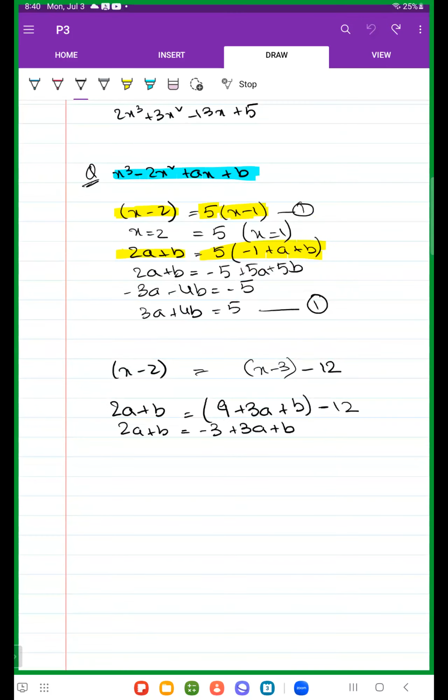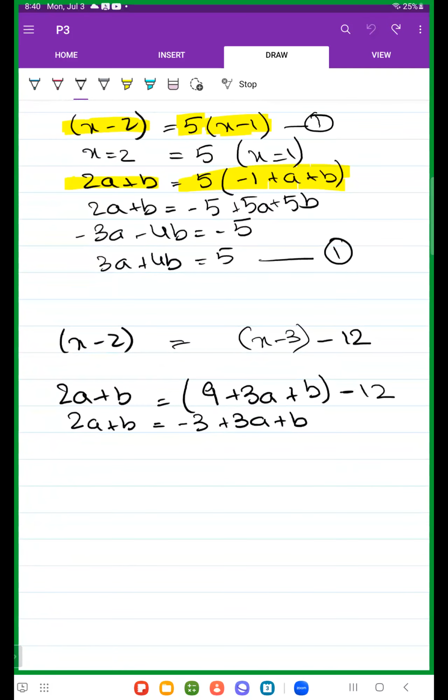And then I directly took it over there. So over here I got minus 3 because I shifted all the a's and b's to the left hand side. So I got minus a plus 2b equals minus 3. Can you send me a working? I think you've done a calculation error.